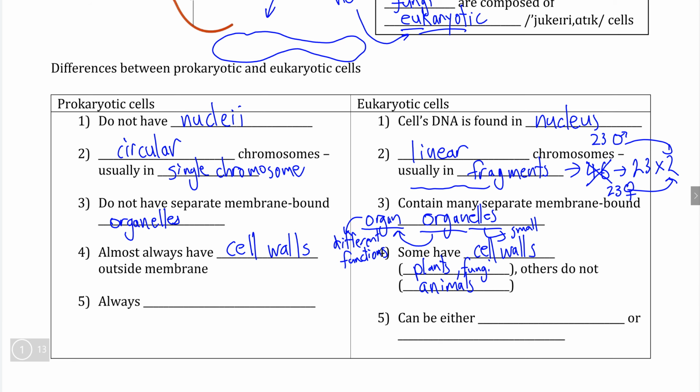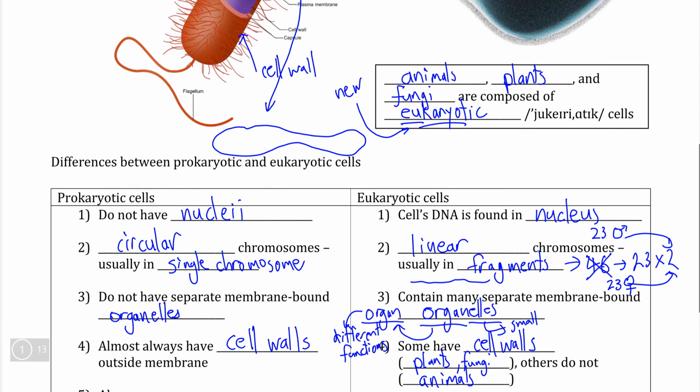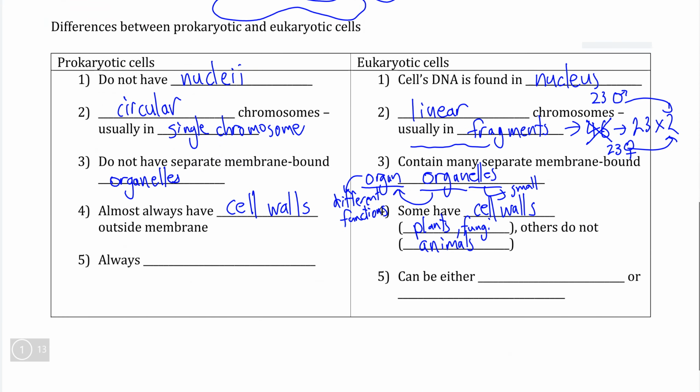Now, the most obvious difference that we can see in our day-to-day lives, because again, most people will never be able to see what an animal cell looks like under a microscope unless you study research biology, because people will not usually be able to see how big a bacterium is compared to the cells of a eukaryotic organism, the distinction is in how many cells are required to make up an organism.